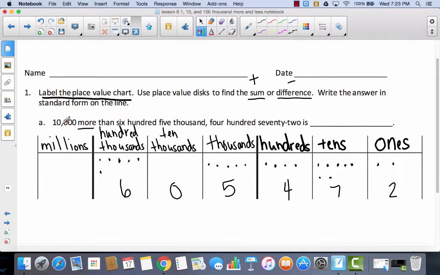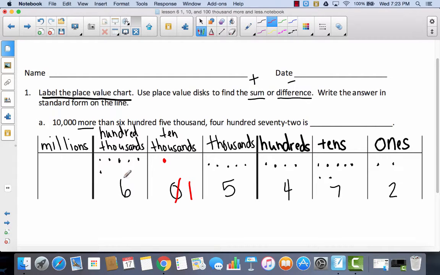Now it says 10,000 more. Does that mean that I'm adding 10,000 or does that mean that I'm taking away? Well, if I'm putting more, that means that I'm adding. I'm going to change my color just so that you can see that I'm adding this. So I'm going to go to the 10,000s place and I'm going to add 1 ten thousand. So now instead of having no 10,000s, I'm going to have 1.